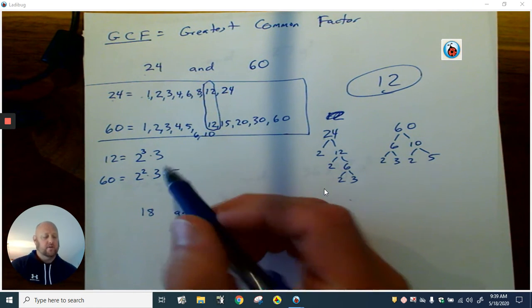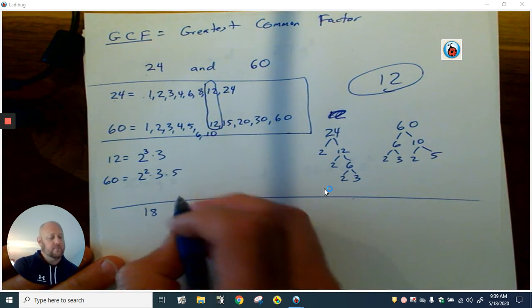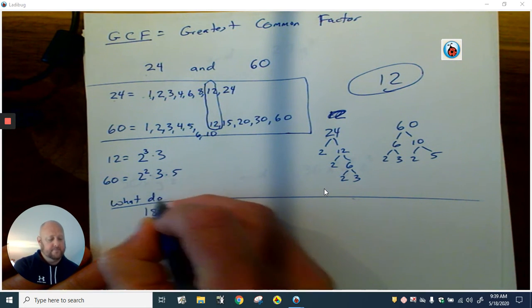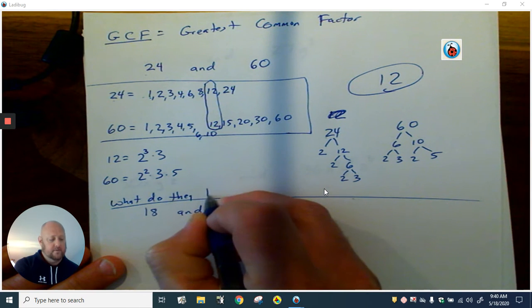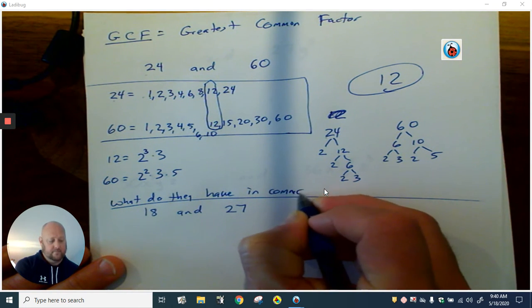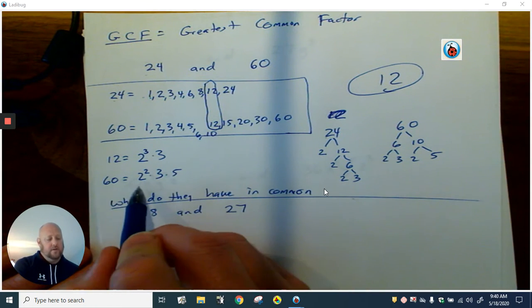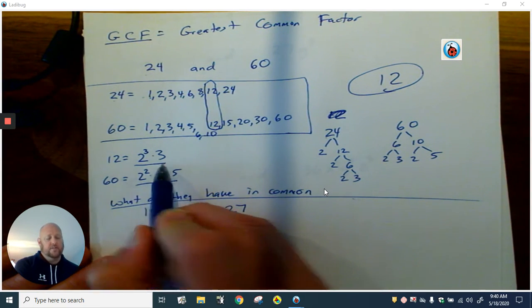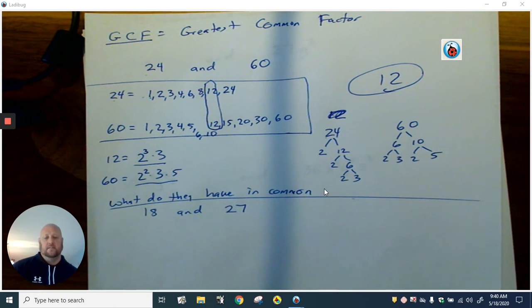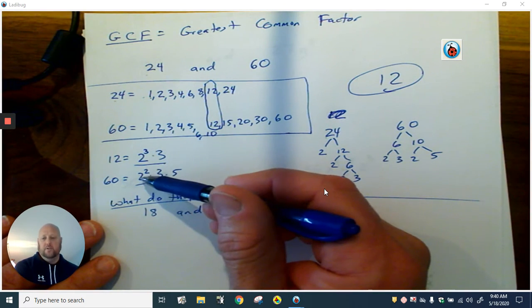Now, what you look for, what do they have in common? You just look at these two prime factorizations. And basically, I like to say, what do they both have at least? Well, they both have 2s.